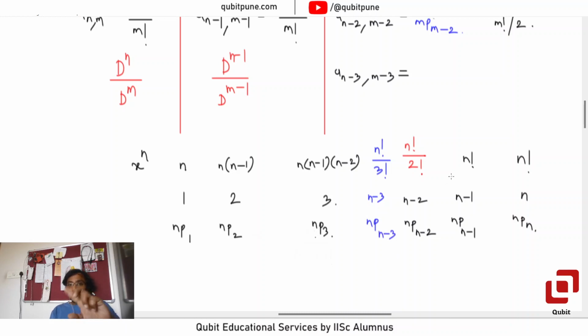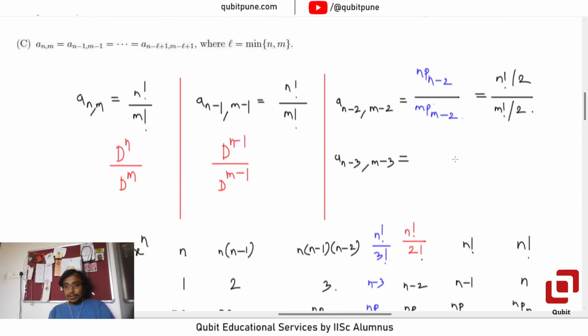So you realize that every time we differentiate, we are actually dividing it by the corresponding factorial, right? So this would be nP(n minus 3) upon mP(m minus 3), and that would be n factorial upon 6 upon m factorial upon 6, and that would again become n factorial upon m factorial.